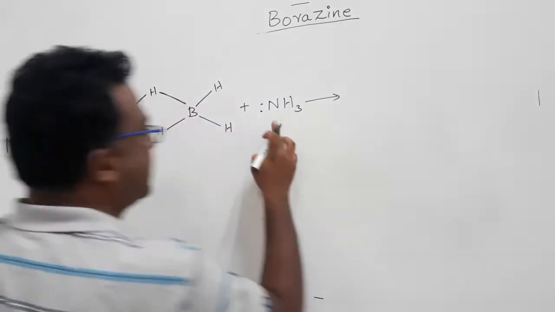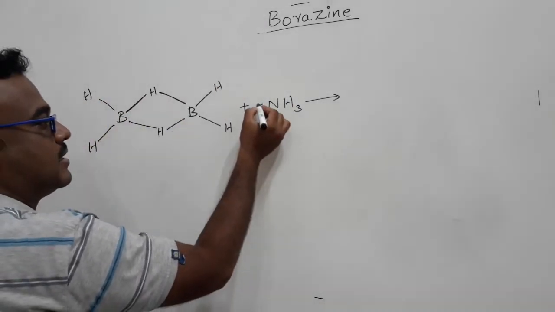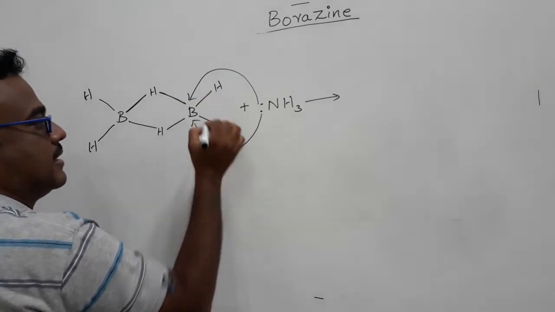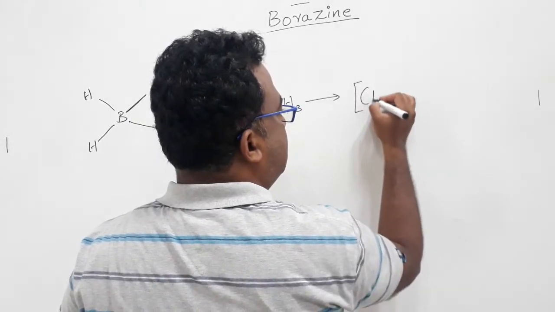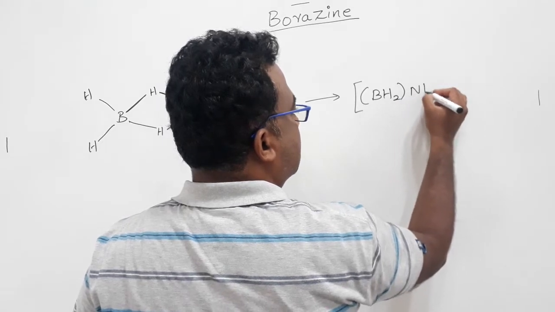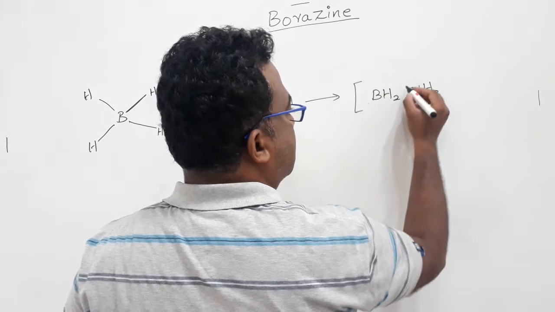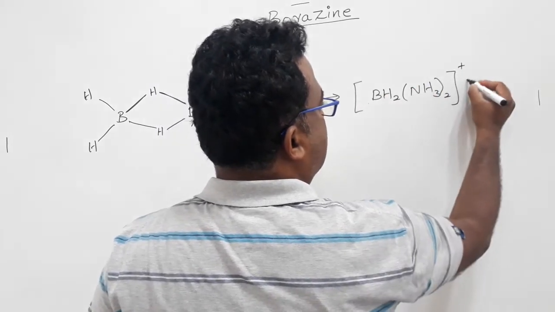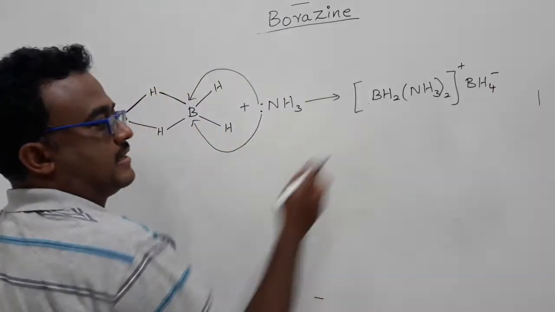That adduct forms because ammonia can attack both boron centers simultaneously.